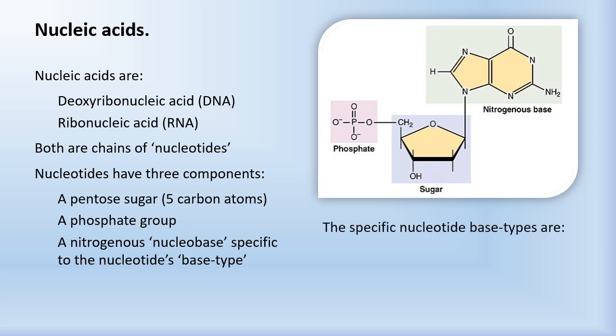The nitrogenous base is the nucleobase. It can make the nucleotide adenine, cytosine, guanine, or thymine in DNA. In RNA, thymine is replaced by uracil.